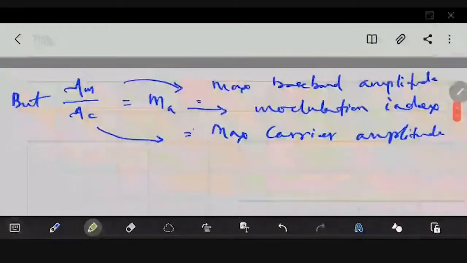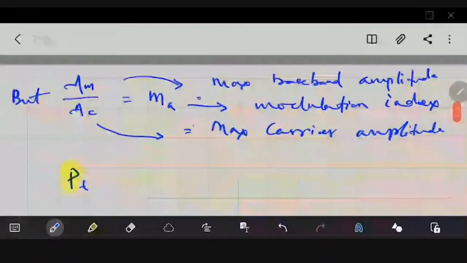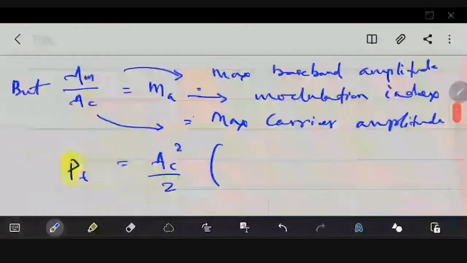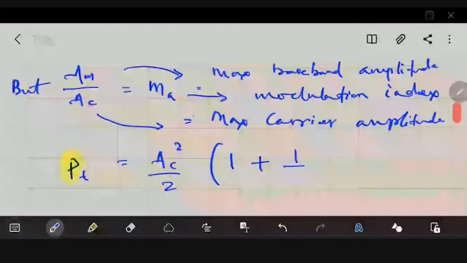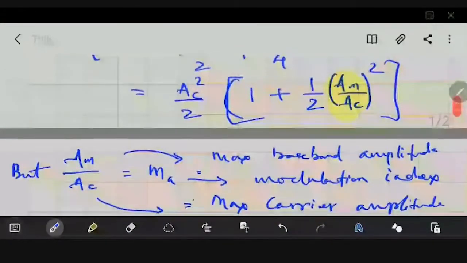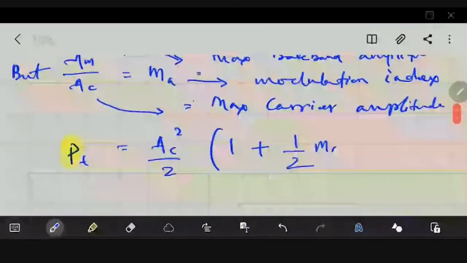Okay. So let me write it here. P subscript T is equal to AC square by 2, then 1 plus 1 by 2, then AM by AC is MA, and on top of that square is there. So MA square.